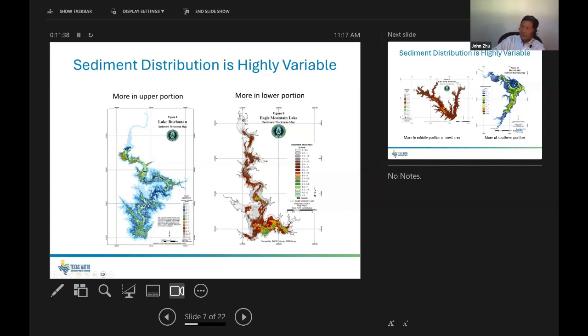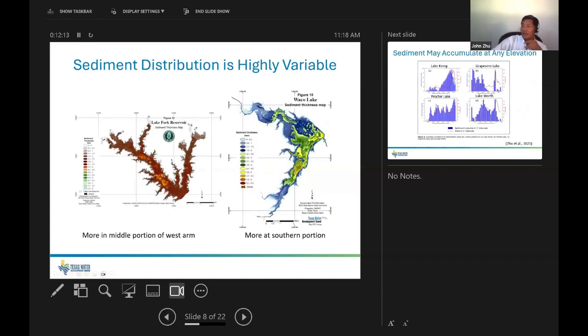You can see a lot of sediment in the upstream, but not all upstream; somewhere in the upper section there is more sediment. And then another reservoir, Eagle Mountain Lake in North Texas. You can see a lot of sediment is concentrated near the dam in the lower portion. But I don't mean it is a smooth curve up and down.